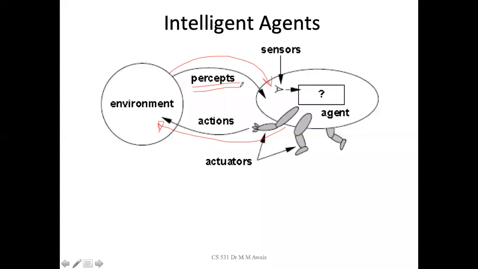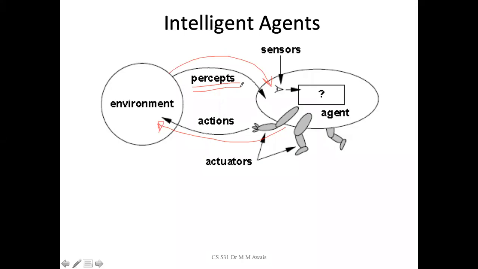So the conversion of percepts to actions is done through some reasoning module, and that reasoning module is sometimes a search method. At other times it's actually a model, or it could be a rule-based system, with conditions in the form of rules. It could be, say, a deep learning model, or a neural network model.